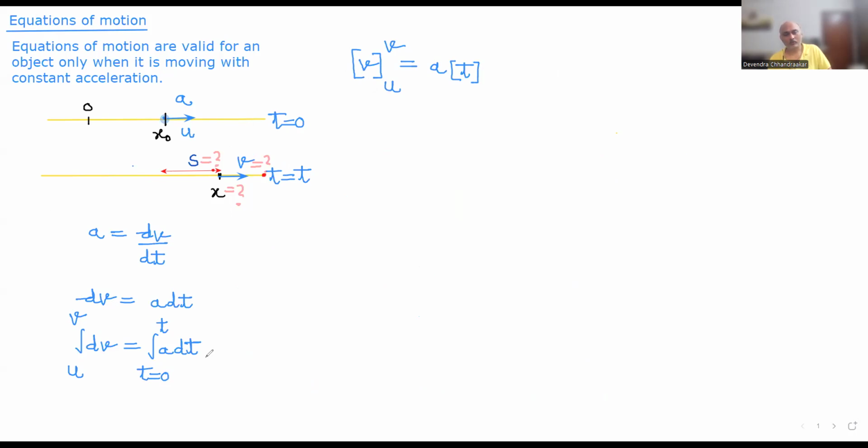We took a out, a constant, from the expression and just integrated t. So t is from 0 to t, right? Since it's a definite integral, meaning there are limits in this integral, there is no arbitrary constant. I hope all of you understood this. Yes or no?